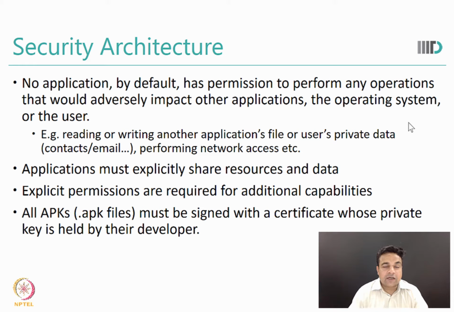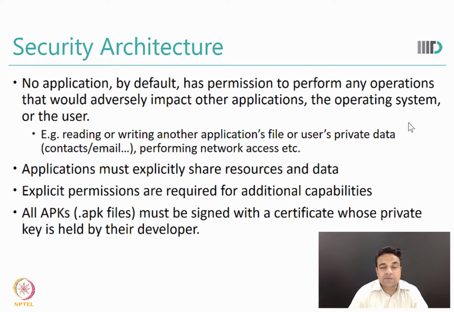Now, users' contacts without any doubt are private data for a user. But more than that, another application may also be using users' contacts. So when an application wants to perform any operation on the contacts, it must ask for a permission. That looks very intuitive.